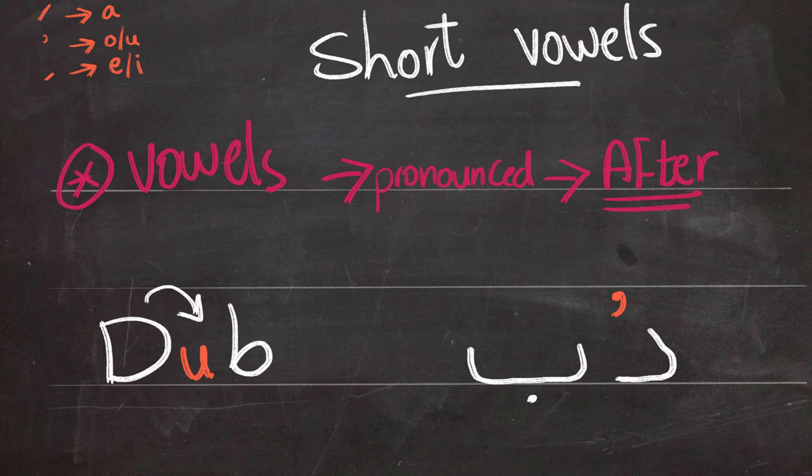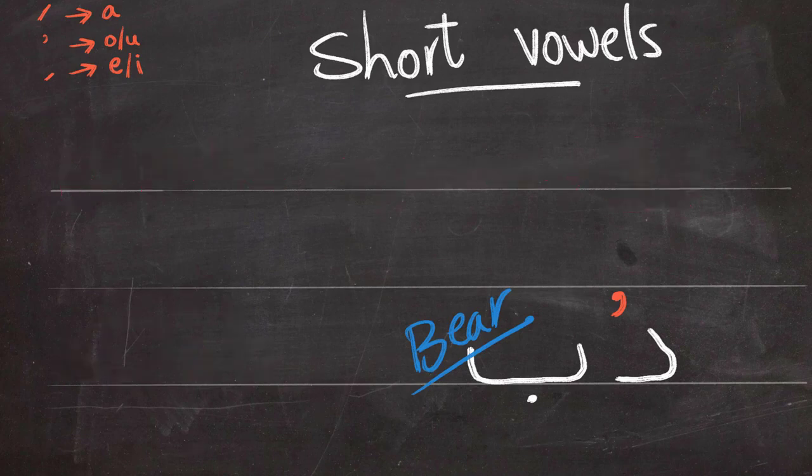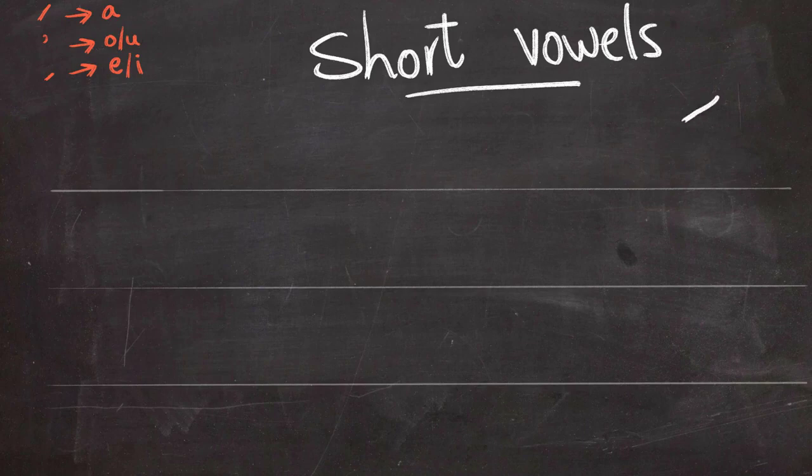That means that the short vowel will follow our pronunciation of d. So we will say dub. We can't put it before the d. It has to come after. And dub means bear.